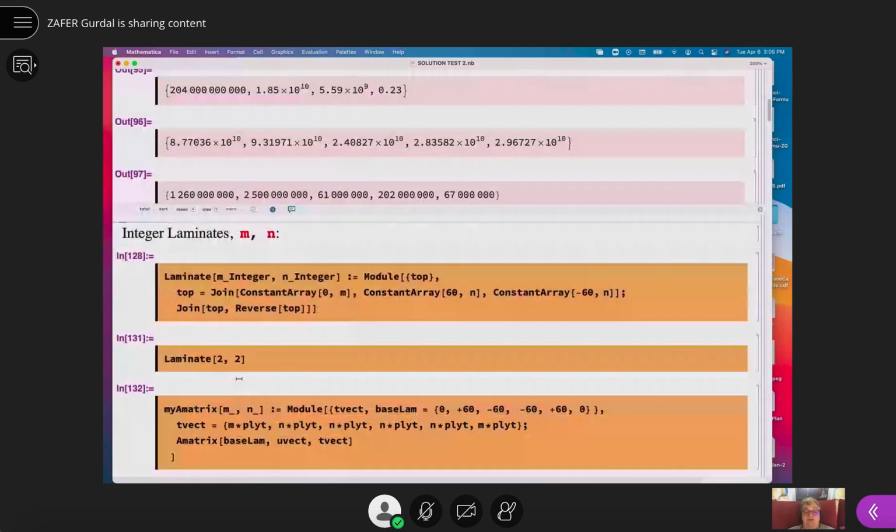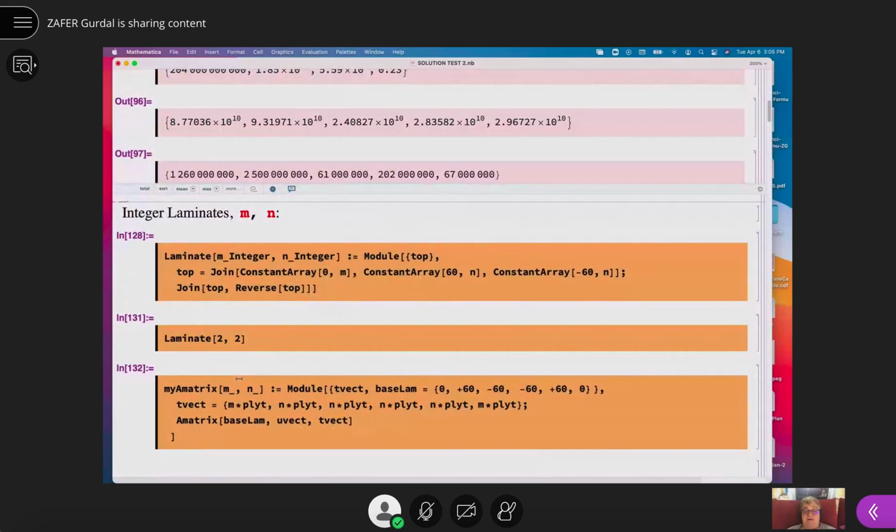I may have changed my sequence of use of M and N. I built this later on. I realized that typically I prefer M for zeros and N for 90s. So my M is integer and N is integer.